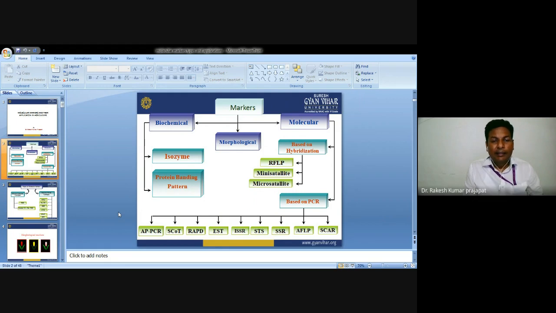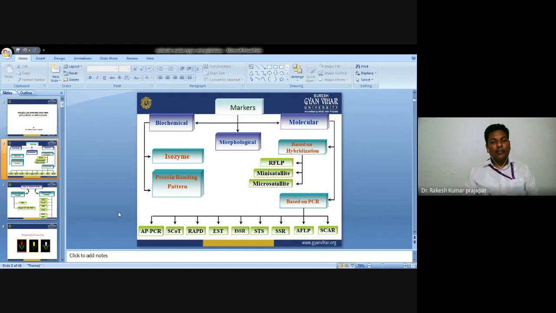PAGE means polyacrylamide gel. How a particular protein behaves on that gel, and what their banding profile is, is represented in biochemical markers. A unique banding pattern for a particular trait, for a particular plant or particular species, represents that this protein acts as a biochemical marker for that trait.